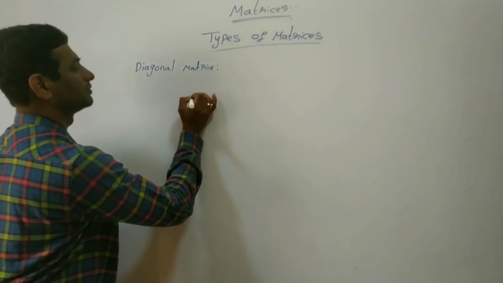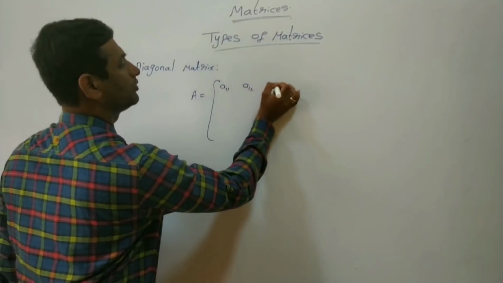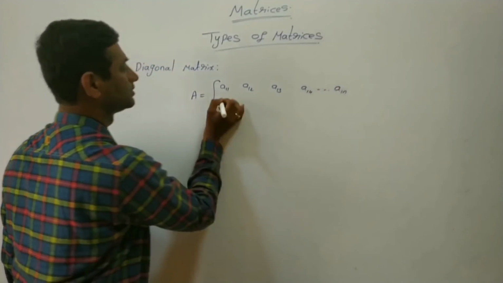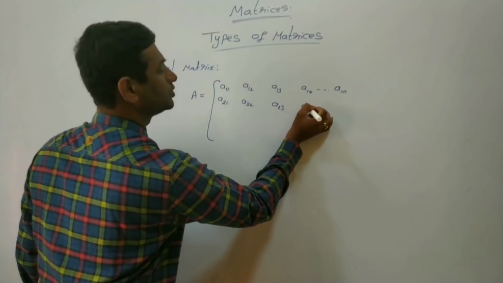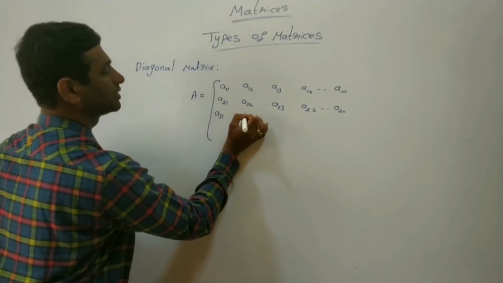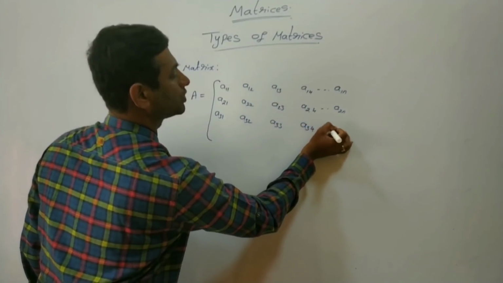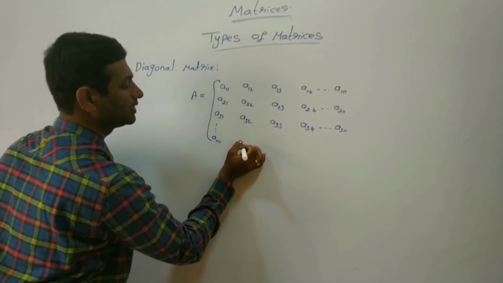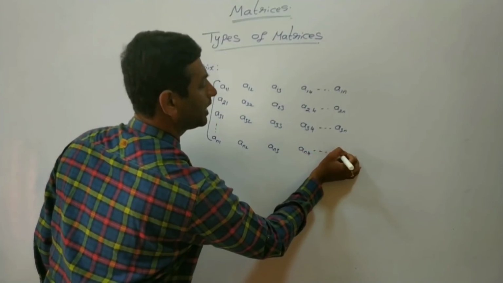Again, the general form: A is equal to A11, A12, A13, A14, so on, A1n; A21, A22, A23, A24, so on, A2n; A31, A32, A33, A34, so on, A3n; and last, An1, An2, An3, An4, so on, Ann.